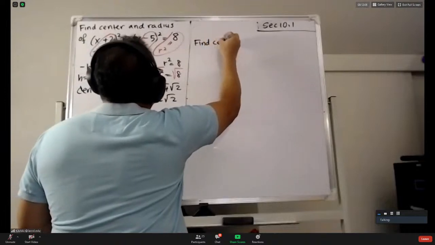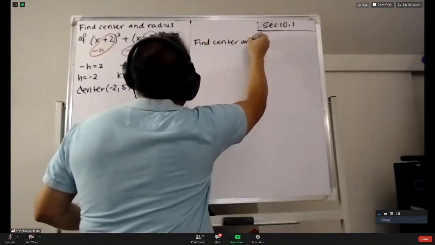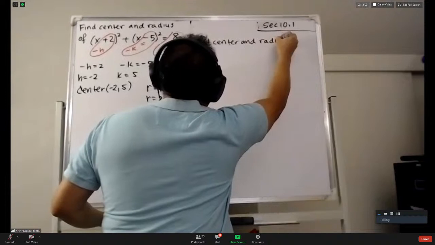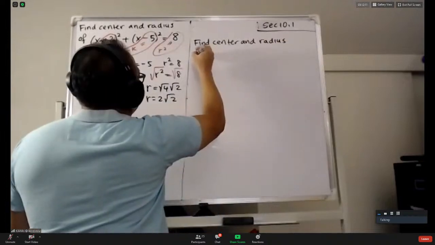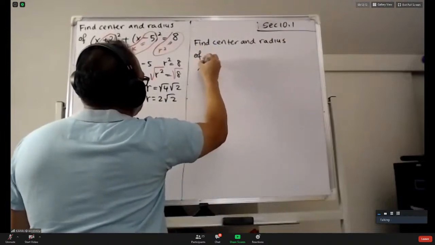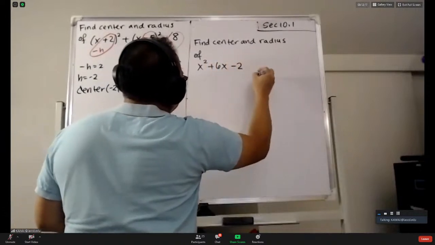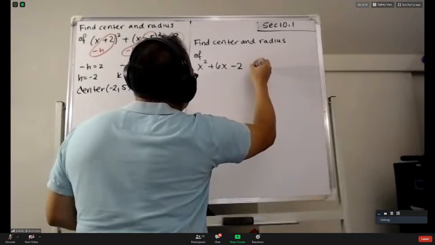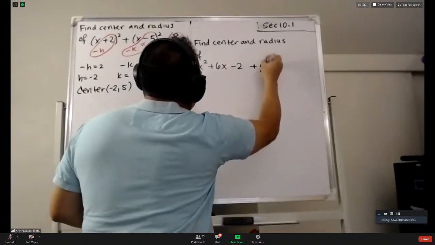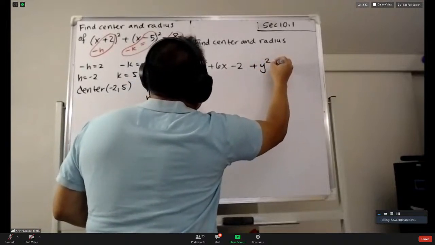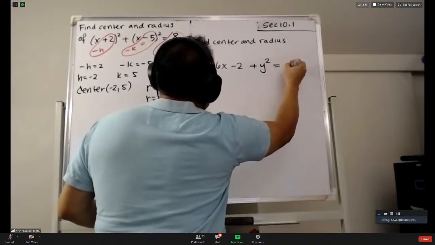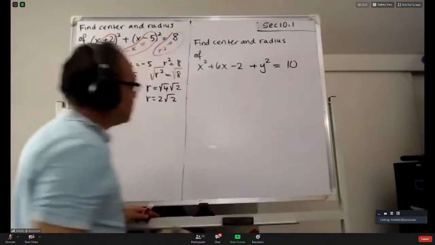Find center and radius of x squared plus 6x minus 2 plus y squared is equal to 10.